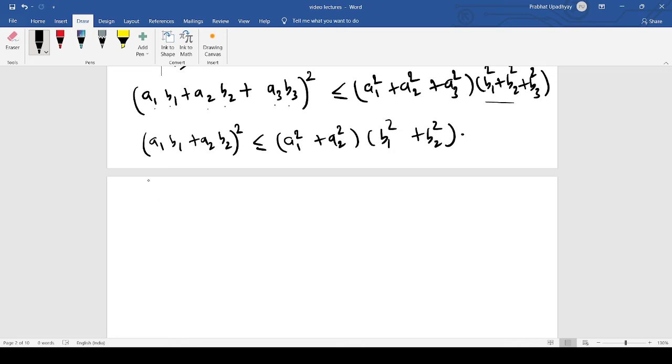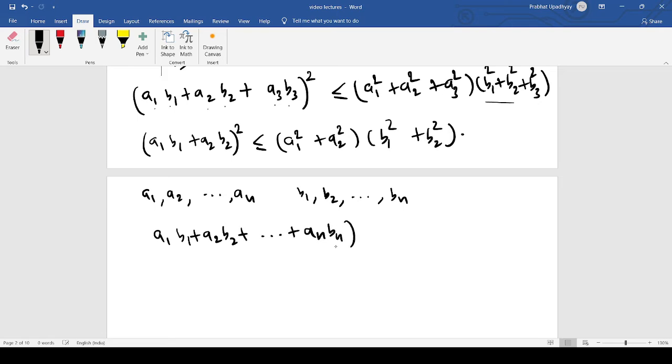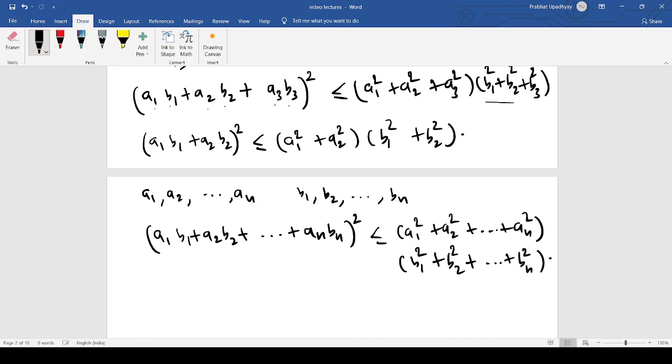That means if I have two sequences, say a1 a2 up to an and b1 b2 up to bn, can I say a1 b1 plus a2 b2 plus up to an bn, its complete square is less equal a1 square plus a2 square up to an square multiplied with b1 square plus b2 square up to bn square?